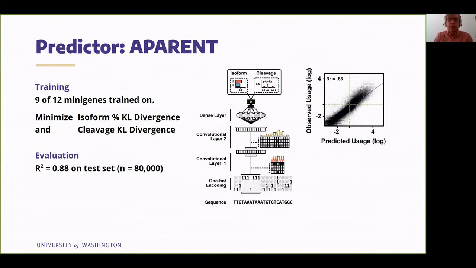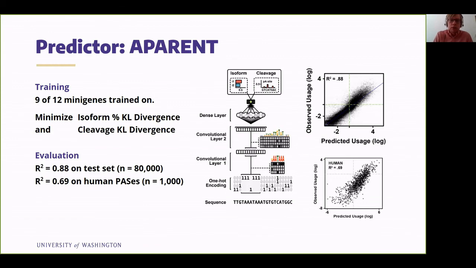So after we train the network, we can evaluate it. The first test is to have your held out test set of other plasmid reporters that you didn't train on. As we can see, the predicted versus observed isoform proportions correlate really well. But we've trained this neural network purely on synthetic randomized APA sequence variants.